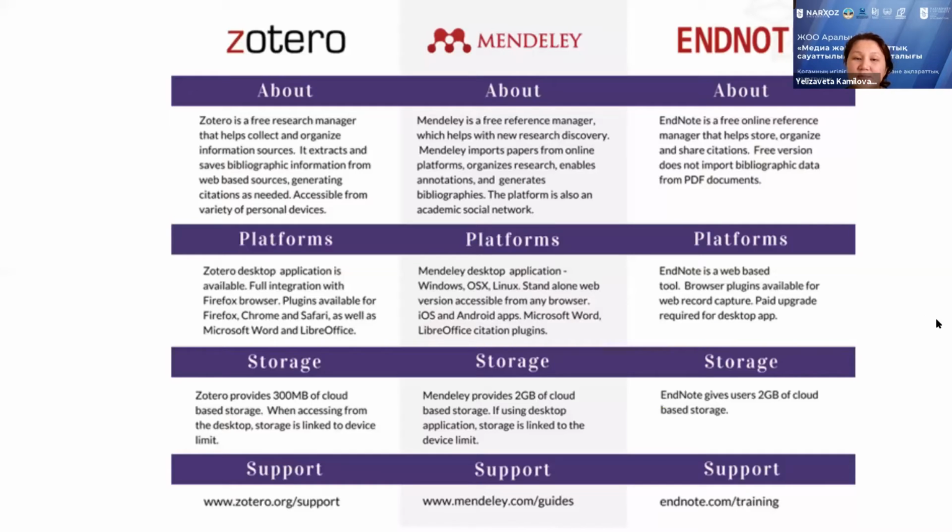These are the examples of referencing tools that can be used by you in order to collect the information, collect the PDF documents of your each reference. Also, it helps you to share the information among your co-authors. These tools help you as well in order to generate automatically the citations for the in-text citation and for the reference list.